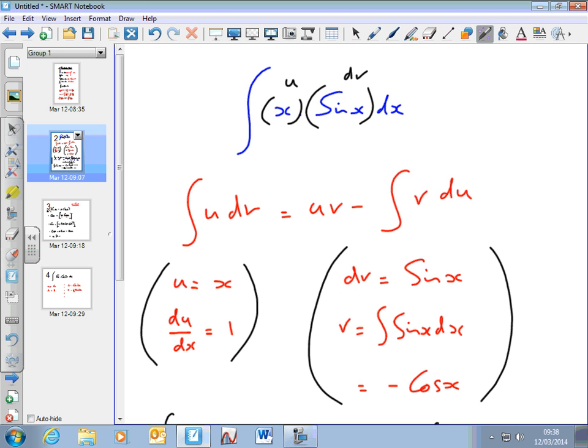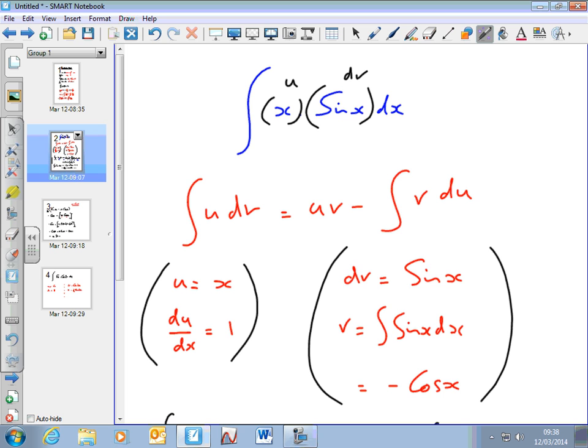So if I have to integrate something like x sine x, I use this formula, which is the integration by parts formula. I let one bit equal u, so in this case x, and I let the other bit equal dv, which is sine x in this case. And it's crucial, as we've been discussing, which is which, and we'll see why when we go through it.